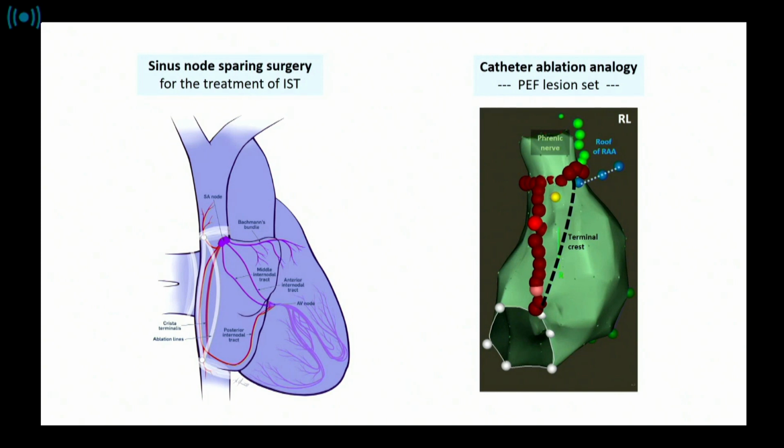So this is the second benefit of pulse field, and the third benefit might be that we are able to go deeper with our lesions, because it is well known that sinus nodal ablation is very difficult, because the upper part of sinus node is more an epicardial structure than endocardial, and it is localized at the level of superior crista terminalis.